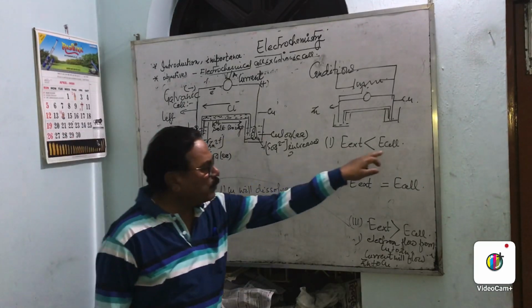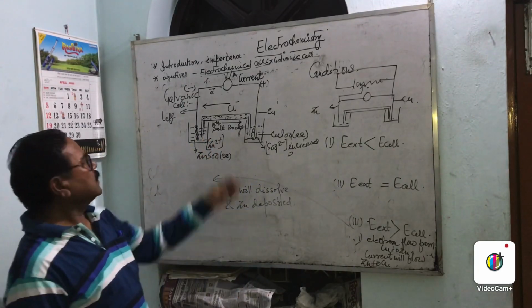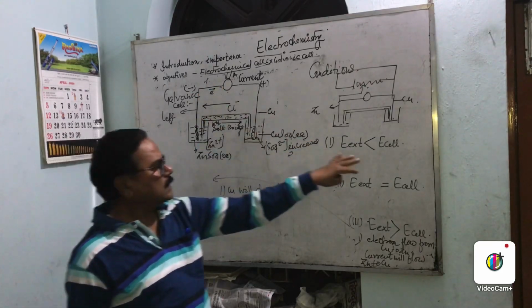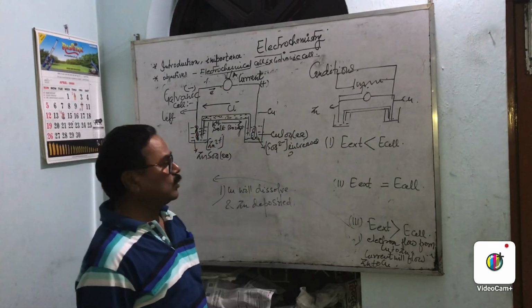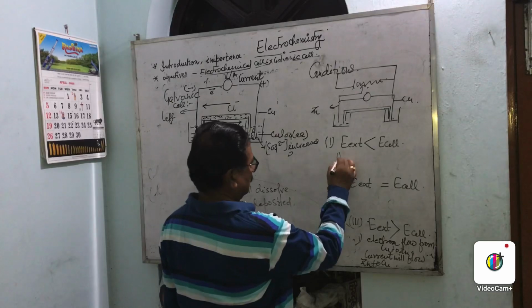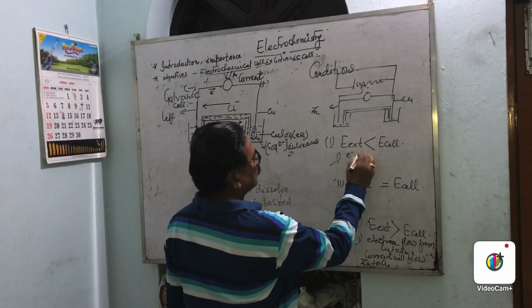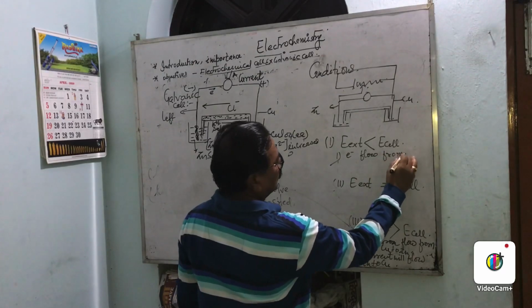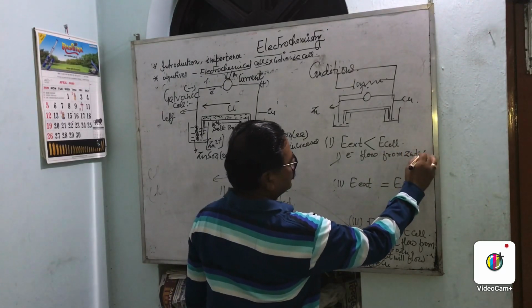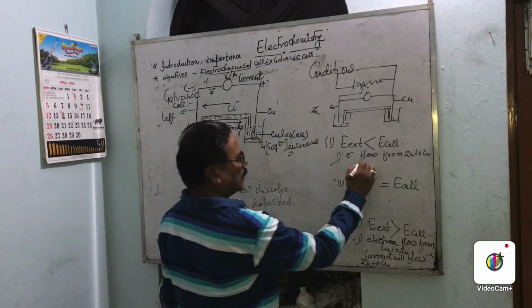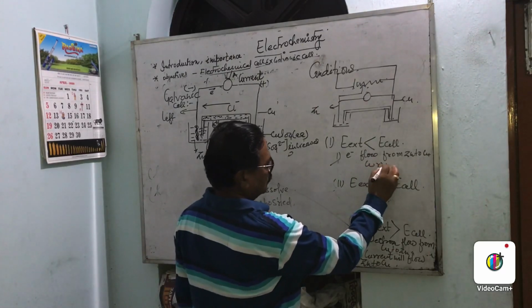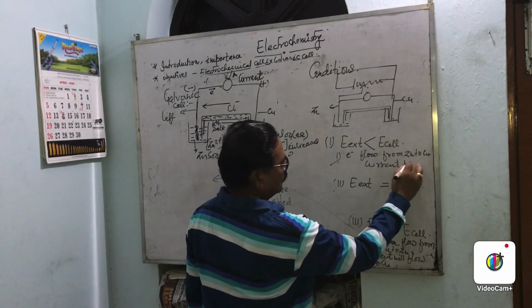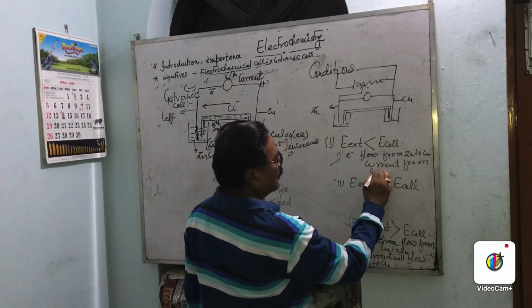And what happens here? External potential is less than E cell. So what will happen? First, electron flow from zinc to copper. Current from copper to zinc.